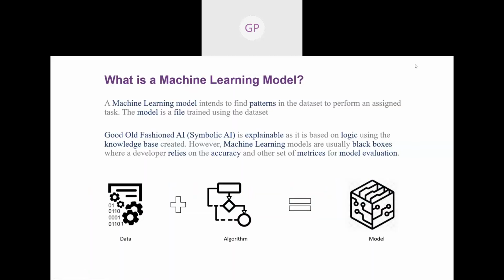A machine learning model basically uses data to find patterns, and it's basically just a file. If you see a machine learning model based on numerical data, the file would be pretty small, because it has learned the linear or non-linear relationship and, based on it, has created some variables and weights.